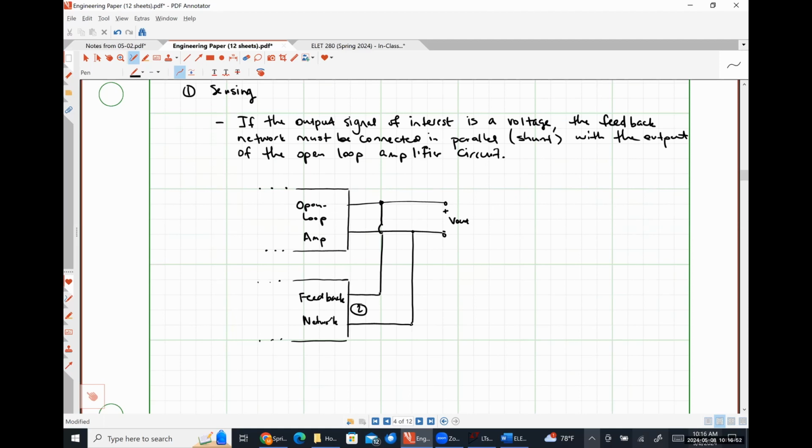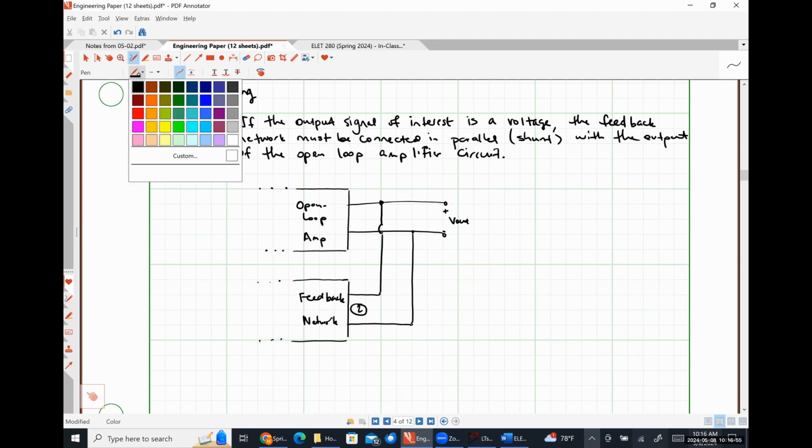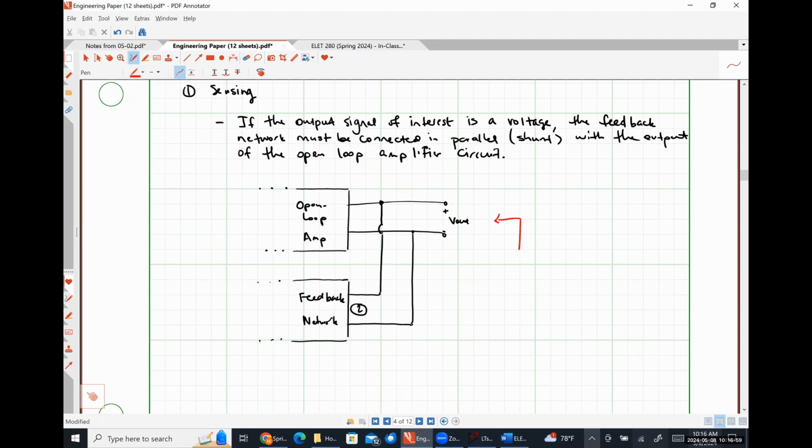So one interesting thing that we would see here is that if we were to look in to the output terminal and determine our output resistance with feedback, so that's what that ROF means, output resistance with feedback, we would find that that is nothing more than the output resistance of our open loop circuit, R naught, divided by a factor of 1 plus K A1, where A1 is the gain of our open loop amplifier.